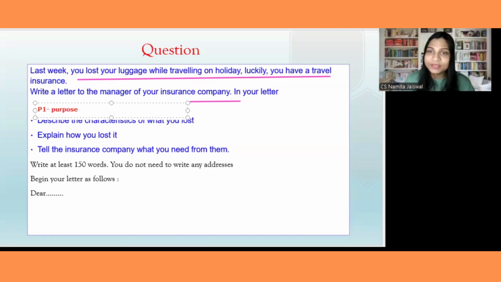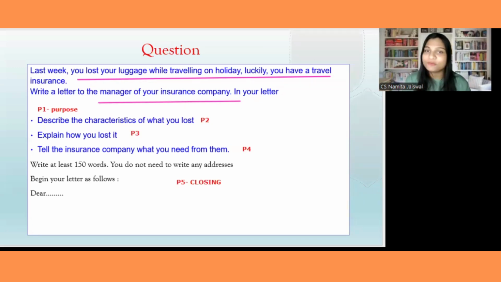This is how you're going to divide your 4 paragraphs. Now, paragraph 5 is going to be your closing. How you're going to close your letter. So, purpose is your opening. Is it clear? So, this is how you'll be doing it.